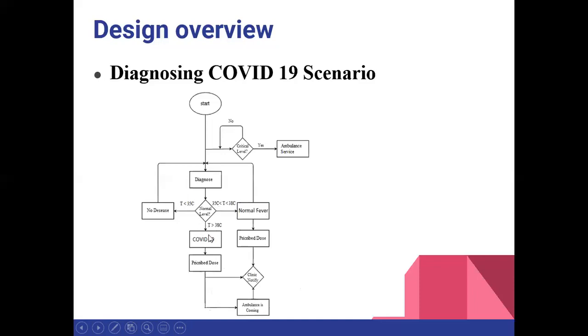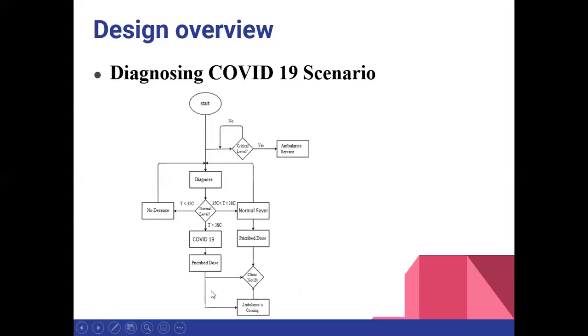And here also the healthcare center will send the prescribed dose to the clinic, and since this is an emergency case, the healthcare center will notify the ambulance service or the emergency section to dispatch the ambulance to bring the patient from the specified clinic to the healthcare center for more diagnosing.